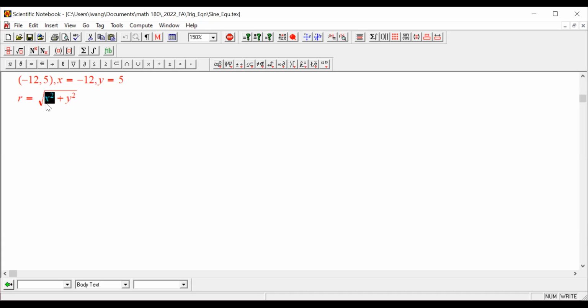When you substitute the x, you must have parentheses for x, which is -12. If you're missing that parentheses, you get points off, okay?